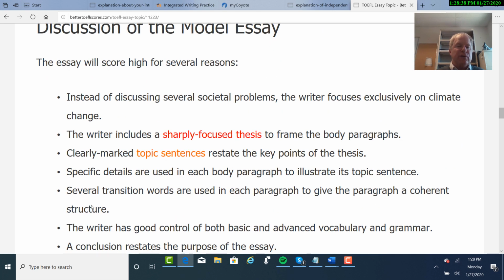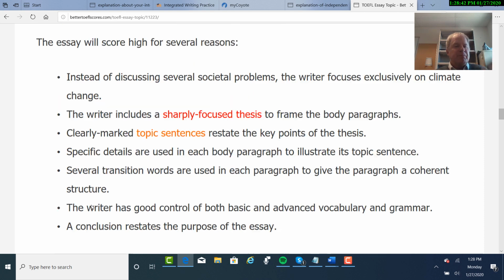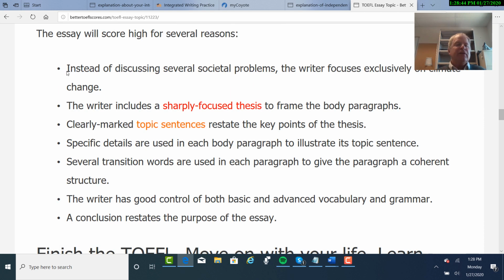Okay, so the essay is going to score high for several reasons. Instead of discussing several societal problems, the writer focuses exclusively on climate change. The writer includes a sharply focused thesis to frame the body of paragraphs. Clearly marked topic sentences restate the key points of the thesis.